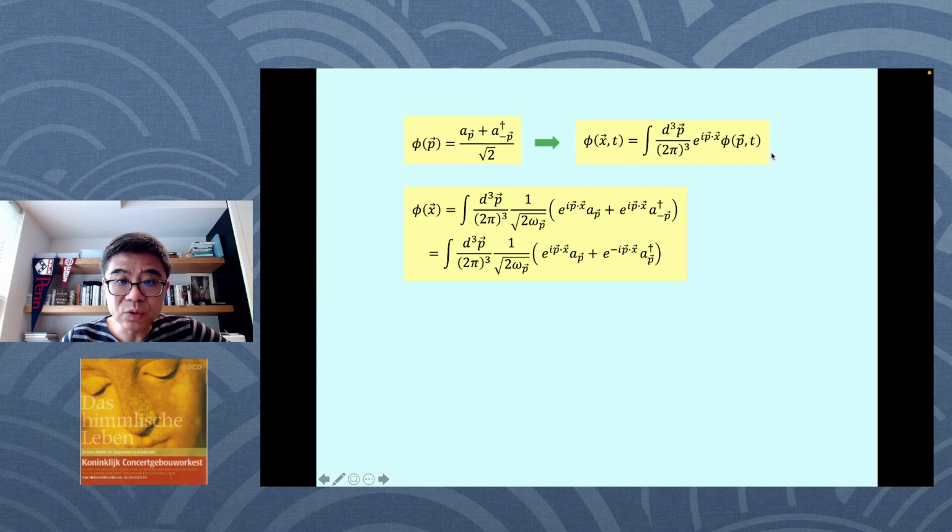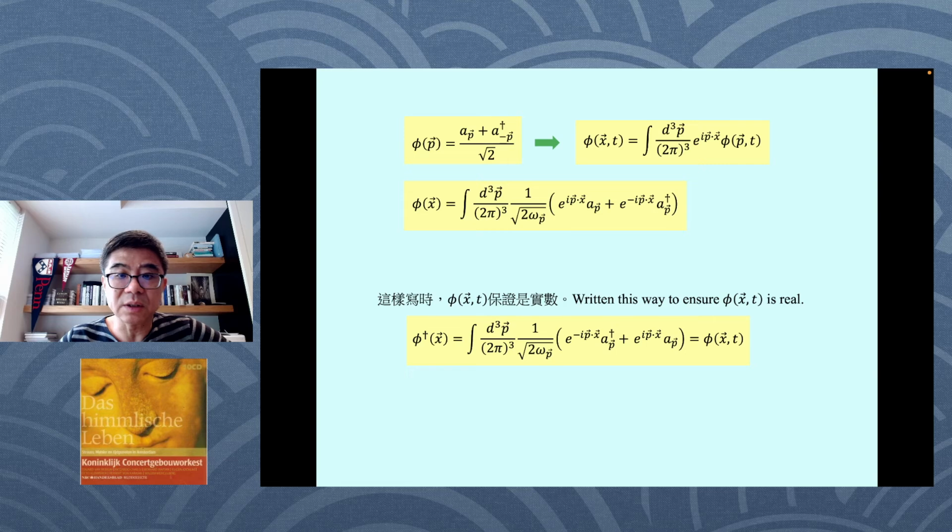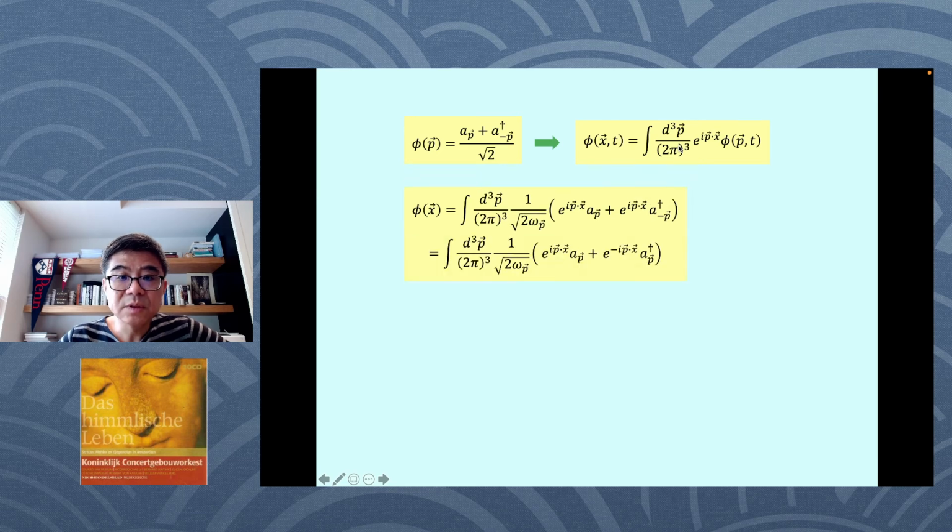This is to ensure that if you plug this redefinition into phi, then you get this expansion of phi in terms of a and a dagger.